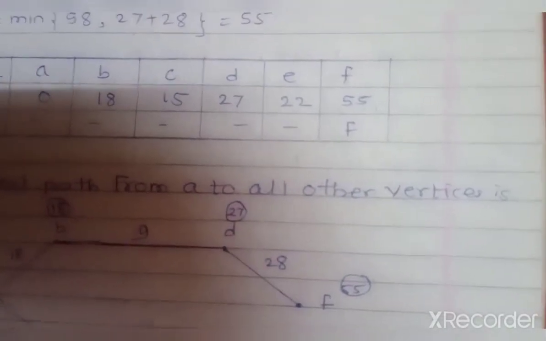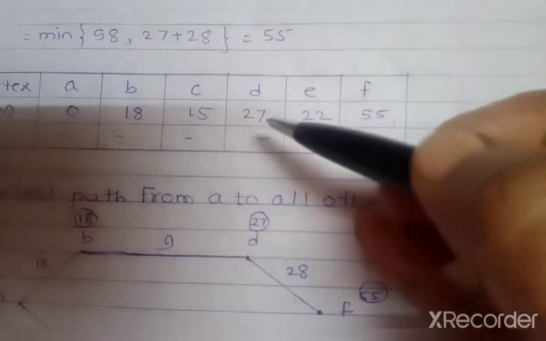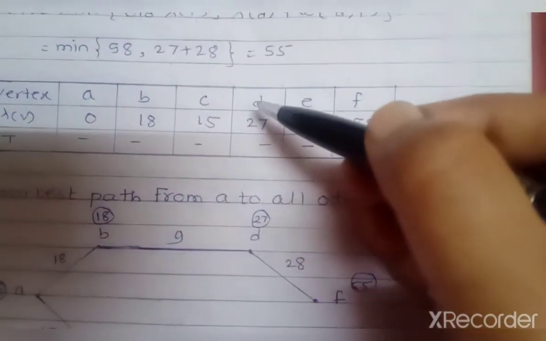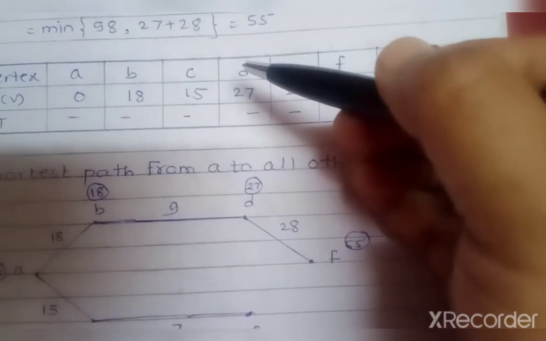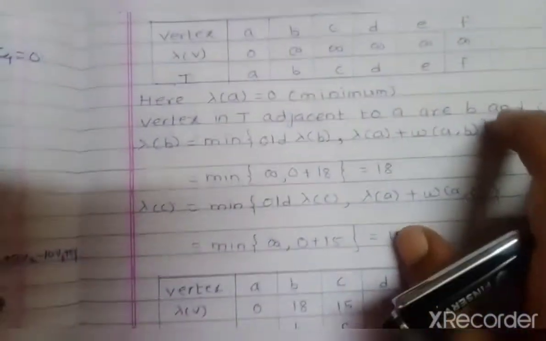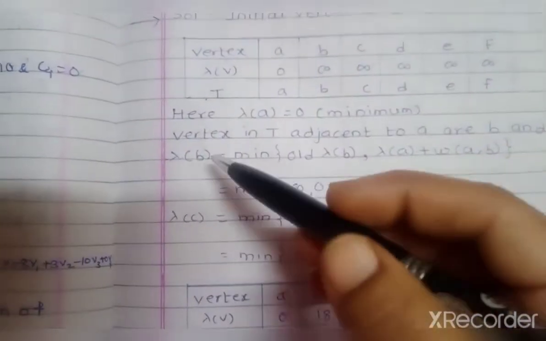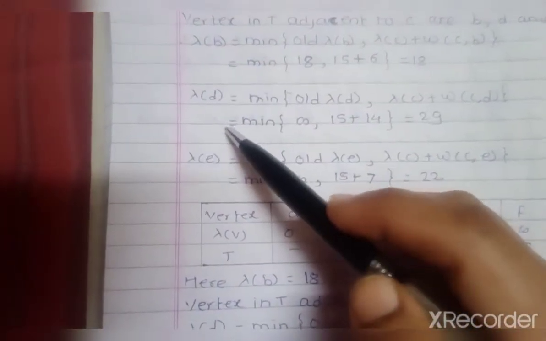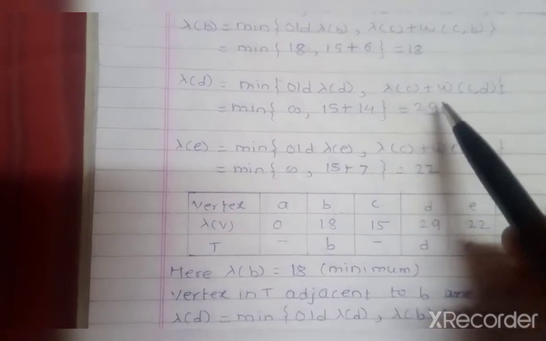Now the next step. Again we have to check which one is the minimum. So the next minimum is 27, which is the value of lambda of D. So check on which level we get lambda of D equal to 27. Again we check from the starting. Here is lambda of B, C. Here is lambda of B, D. Here D is 29, not 27.